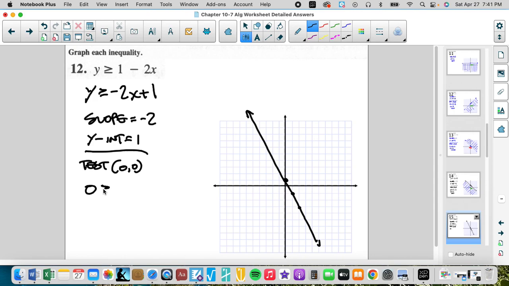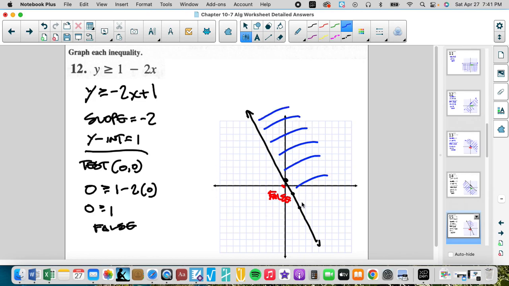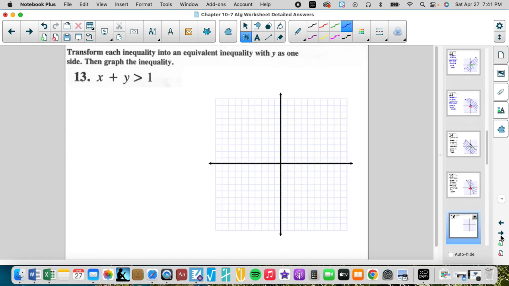So 0 is greater than or equal to 1 minus 2 times 0, which is 0 greater than or equal to 1. That is false. So this point, 0, 0 is false. Close, but still false. The boundary is true. And if this side is false, then the other side is going to be true, because that testing point did not lie on the boundary.